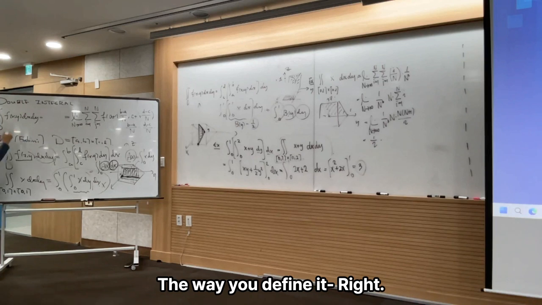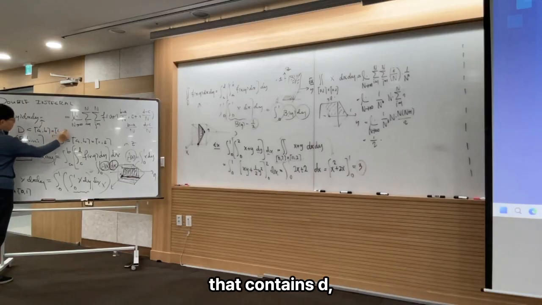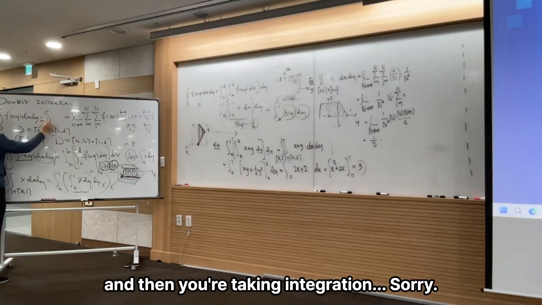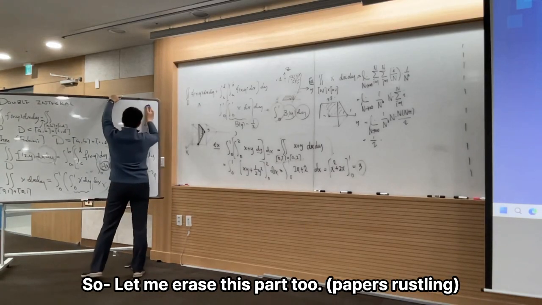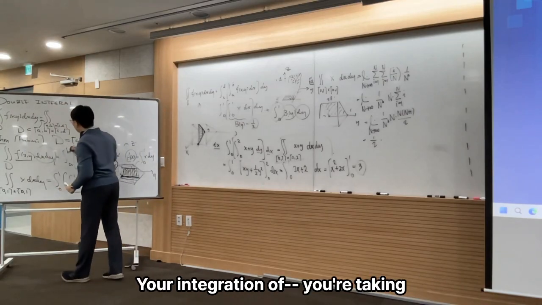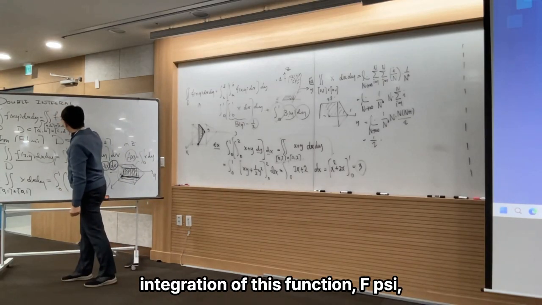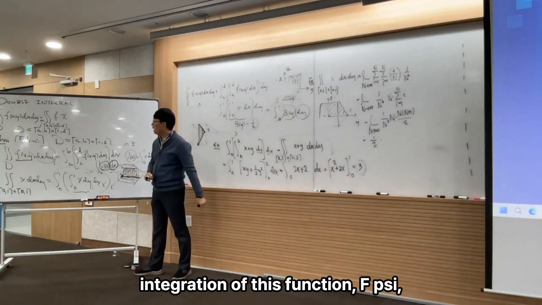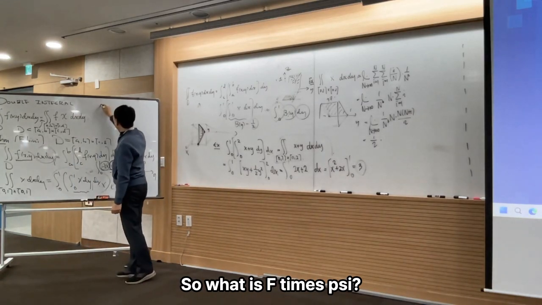The way you define it is by taking a big rectangle, [a,b] by [c,d], that contains D. And then you take the integration of the function f times psi, dx dy. What is f times psi?